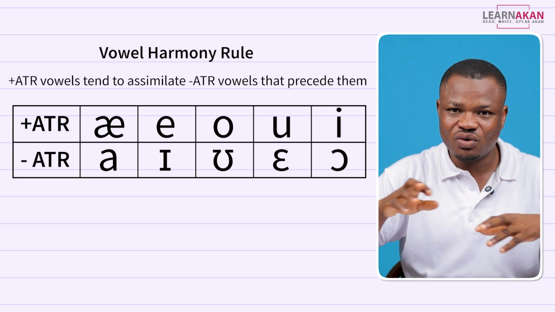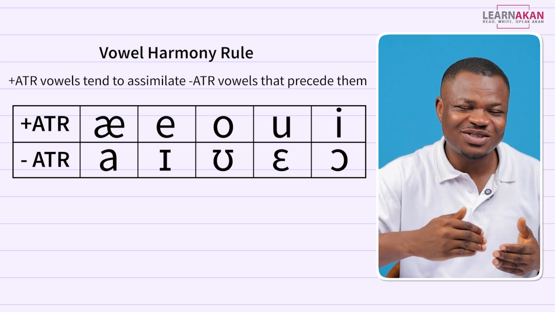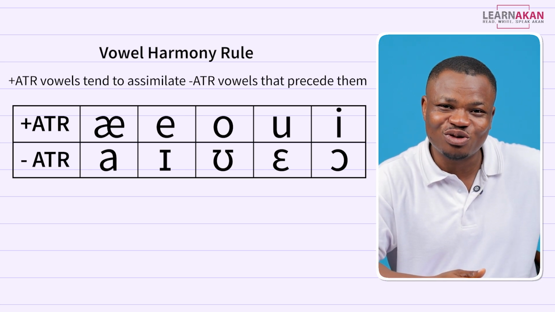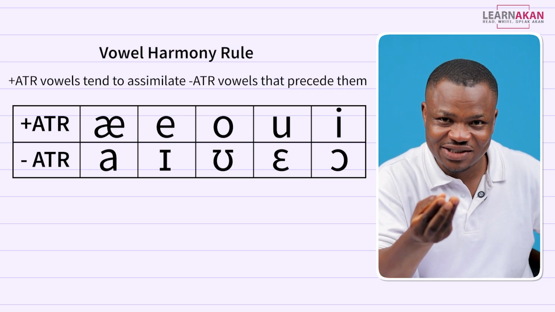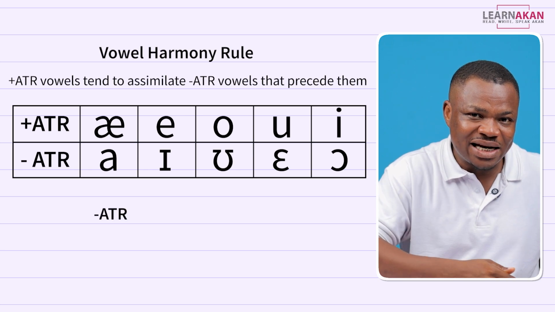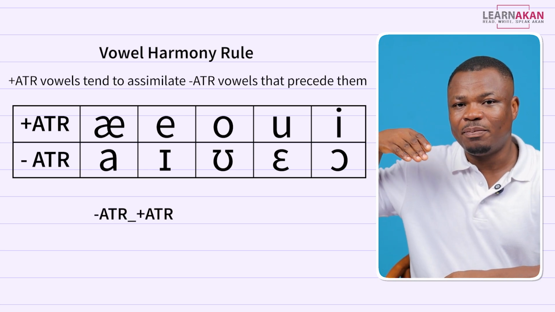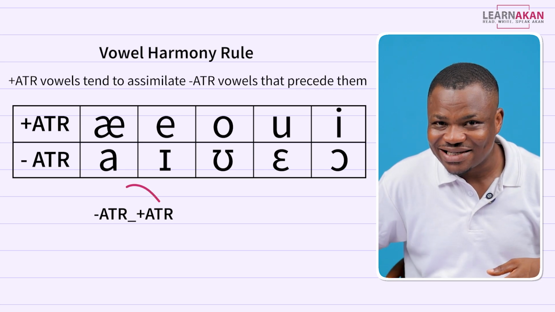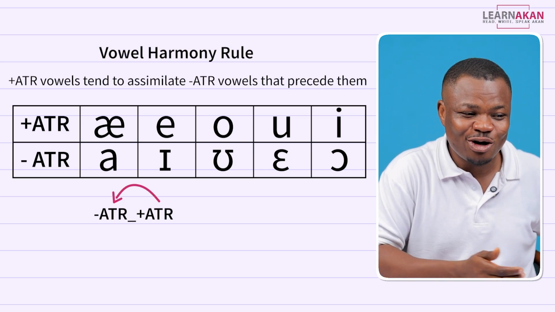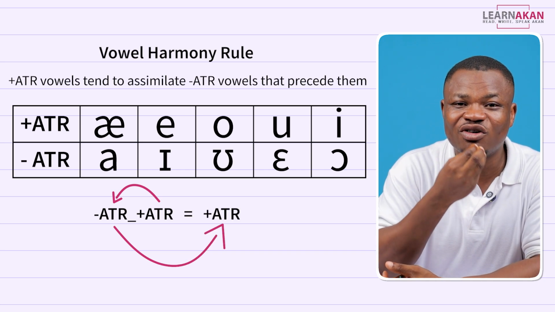Sometimes you have a mix of both. And when that happens, vowel harmony still ensures that there is harmony by changing a sound or two at the level of speech. And how it does that is, if you have a minus ATR sound and it's followed by a plus ATR sound, the plus ATR sound will cause the minus ATR sound that precedes it to change into a plus ATR sound at the level of speech.